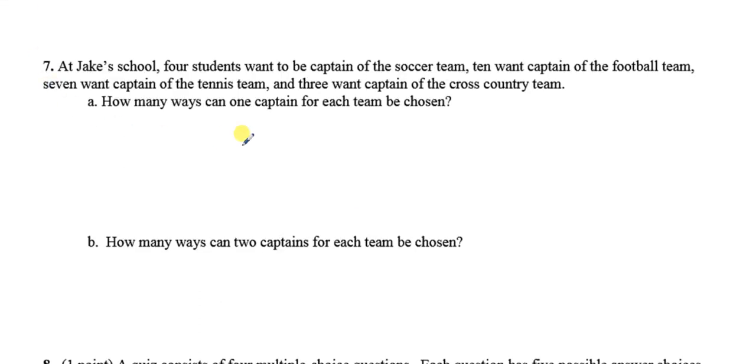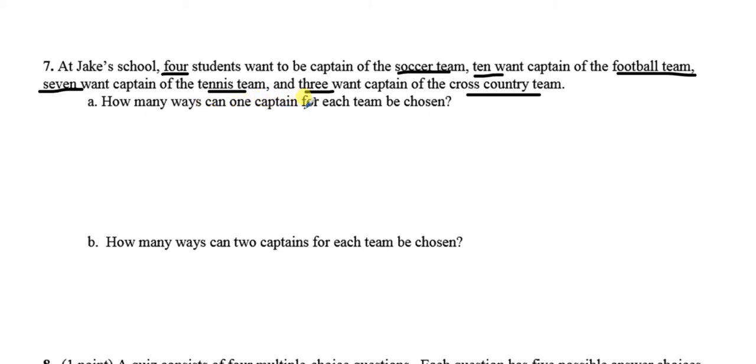Question number 7. We did one like this in class. We have 4 students. It's good to read these questions kind of slowly the first time. 4 students want to be captain of the soccer team. So we have the soccer team and 4, we have 10 on the football team, 7 on the tennis team, and 3 on the cross-country team. I thought I cut that off. I think on the actual test I don't have the cross-country team on there.